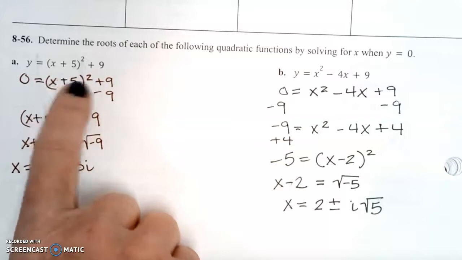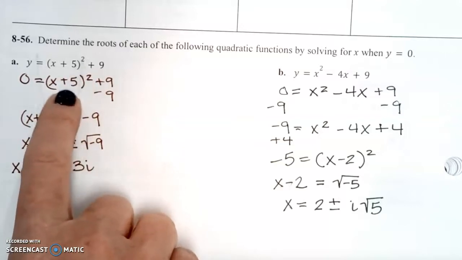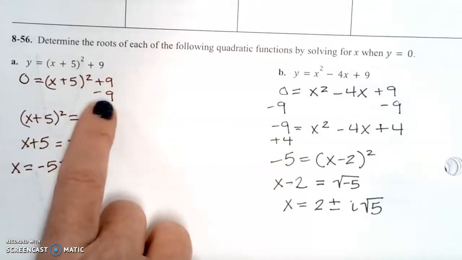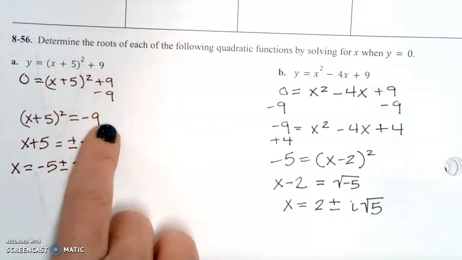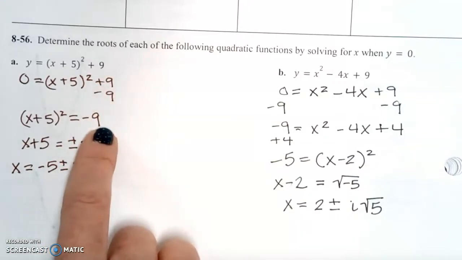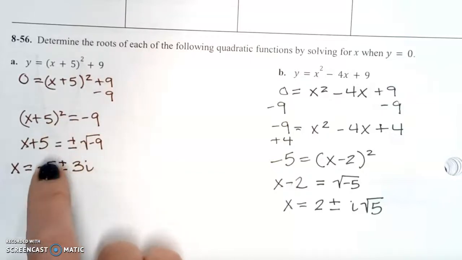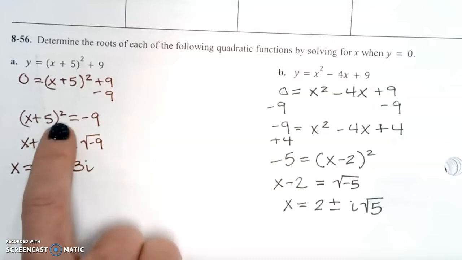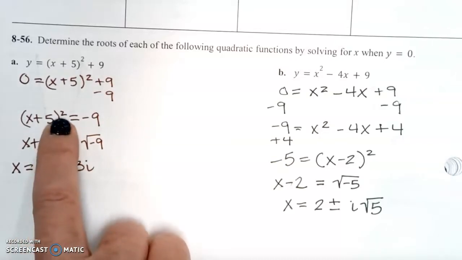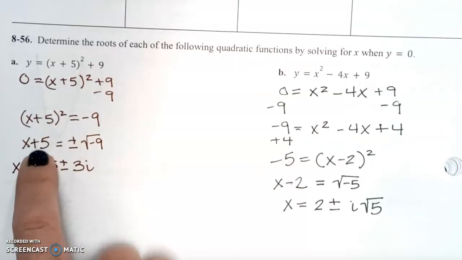Then we're going to isolate the part that's being squared by doing the inverse operation of adding 9, which is subtracting 9. And then the inverse operation of squaring is to square root. So when you square root something that's being squared, you get what's inside.